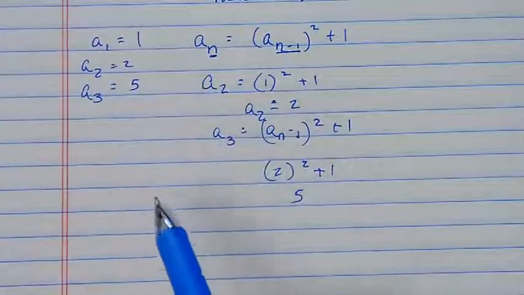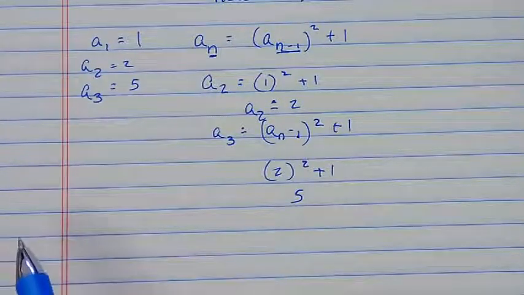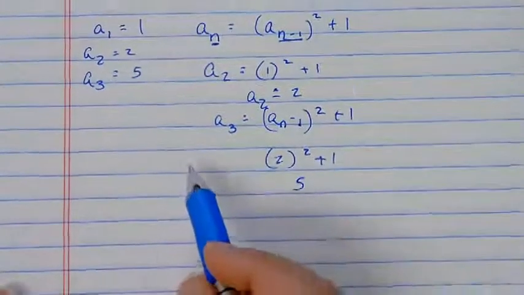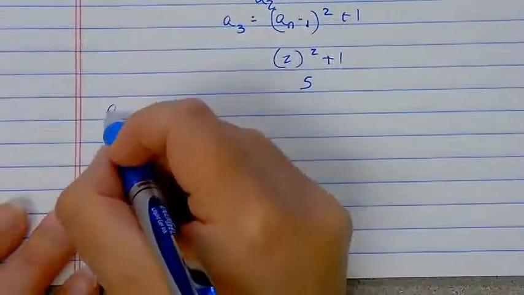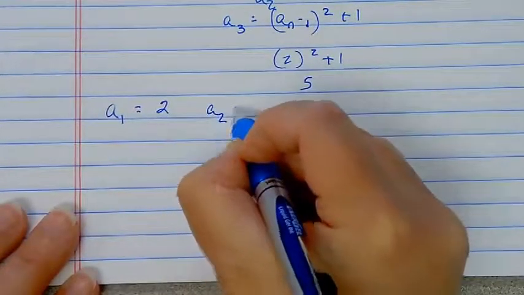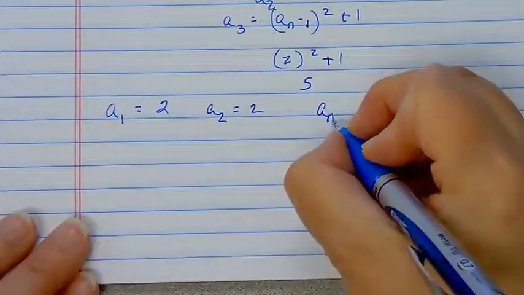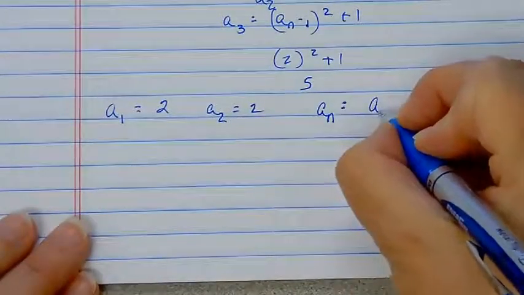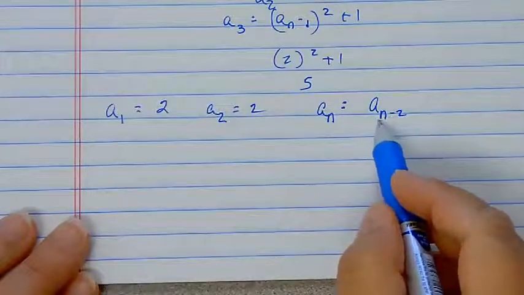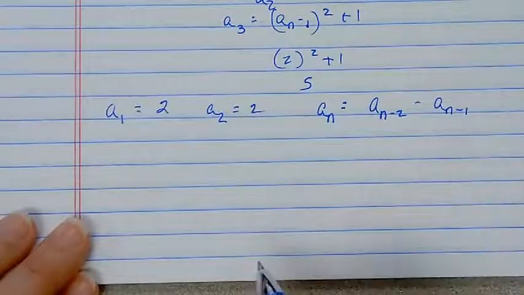So you can see on this one, they don't have to be arithmetic or geometric. You just have to know the previous term to find the next term. So let me do another one with you. Let's say I know term 1 is 2, and I know term 2 is 2. To find the next term, you take the term before it and subtract the term before that.